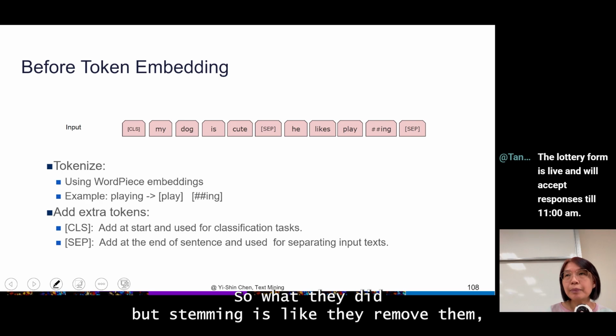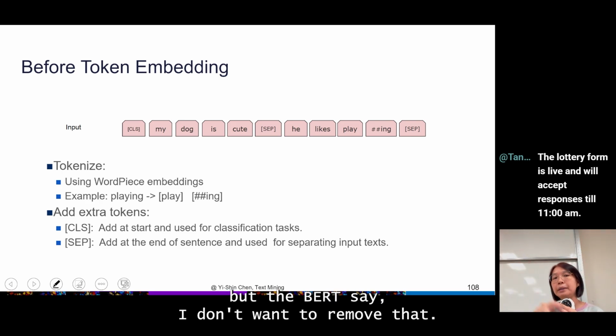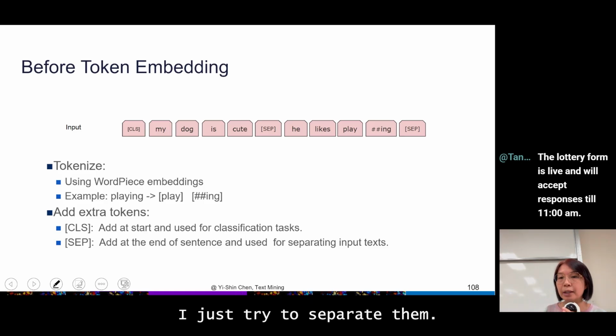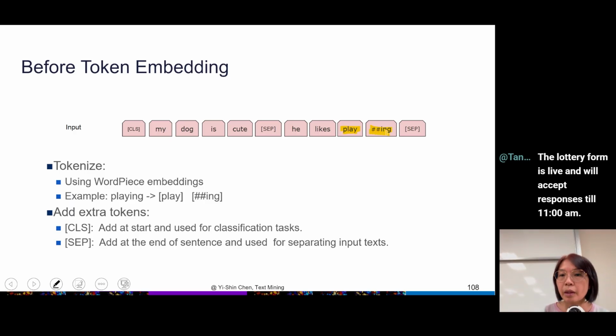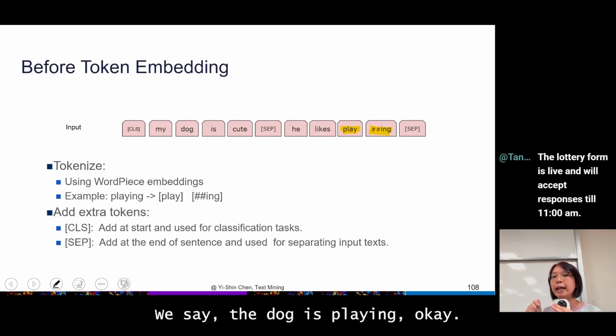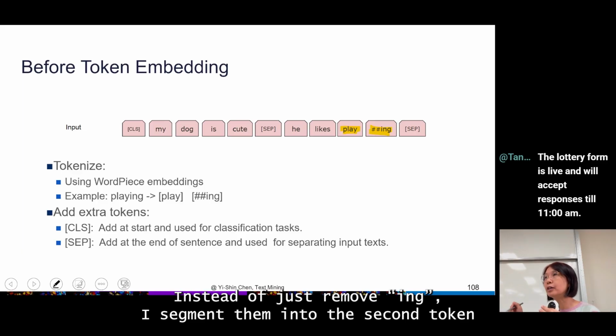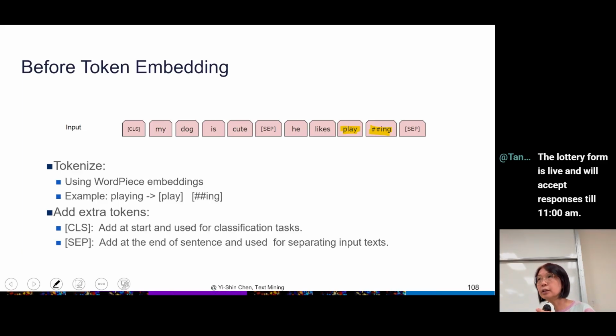Stemming normally removes the suffix, but BERT says, I don't want to remove it, I just try to separate it. You can see an example right here. We say the dog is playing. Instead of just removing "ing", I segment it into a second token.